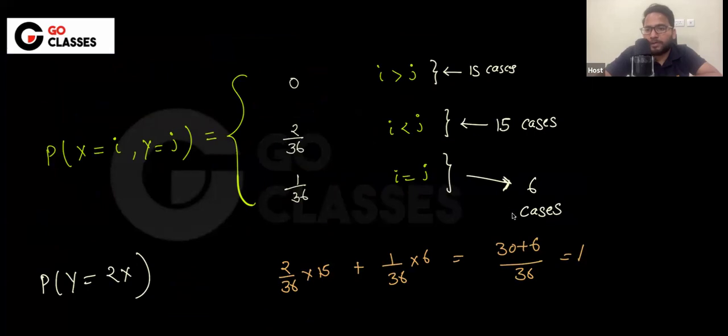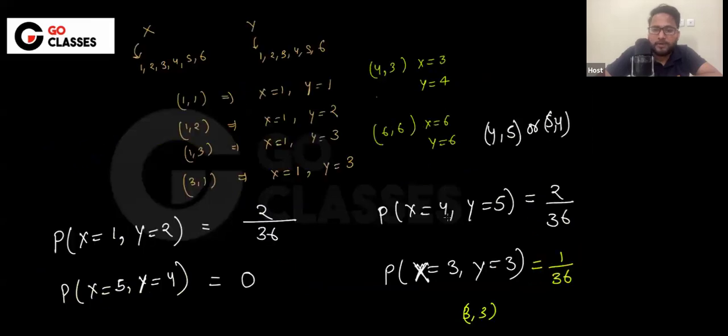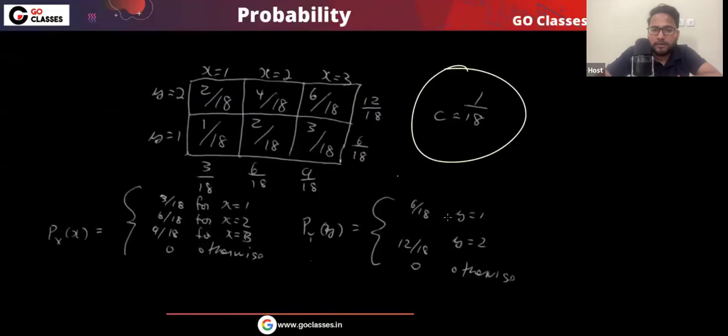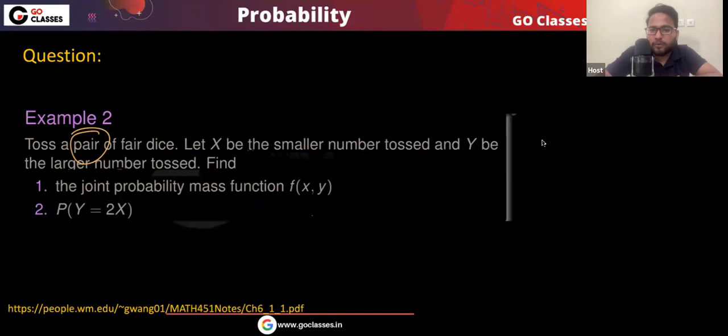Can we take equal case in the question if it is given that x is greater? I didn't get it. So what are you saying? x is a smaller number, right? In the question. Yes, they are saying it is always a smaller number, right?